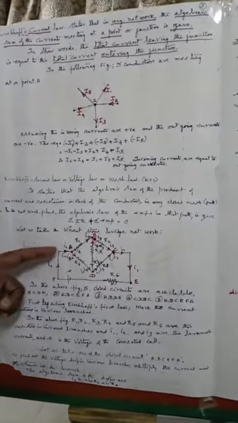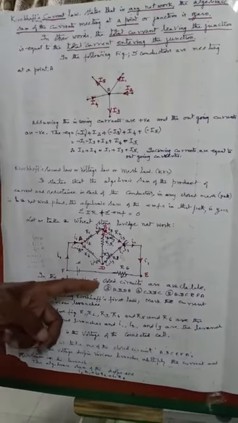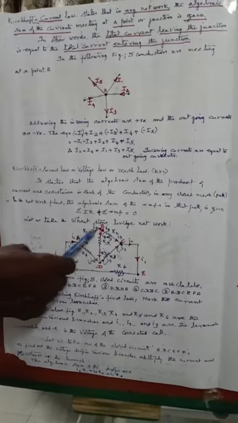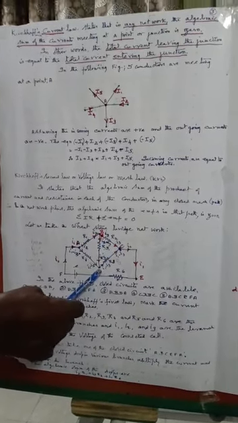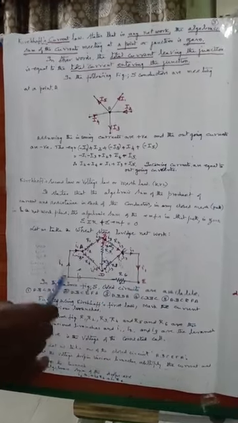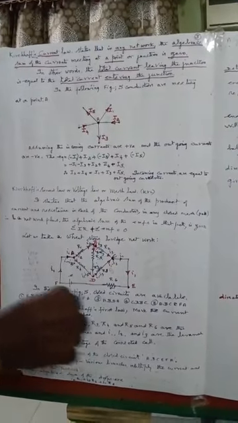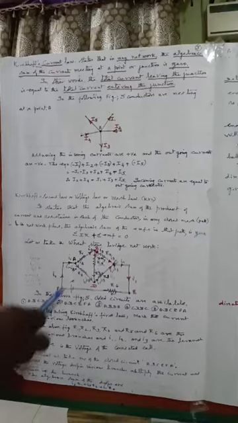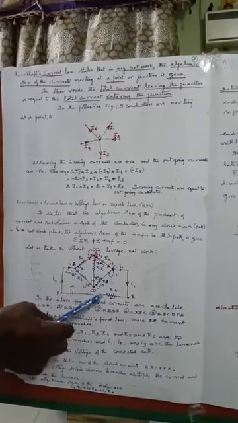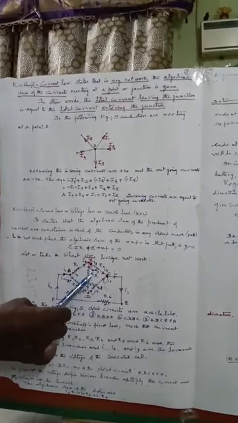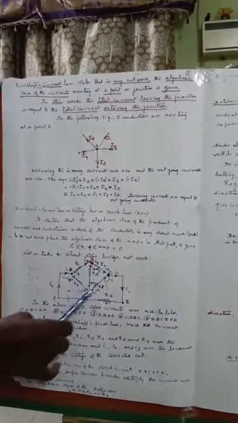Let us take the Wheatstone bridge network. The figure shows this circuit, which is called the Wheatstone bridge network. Here A, B, C, D, E, F are all junctions, and R1, R2, R3 and R4, and also R5, are the different arms.